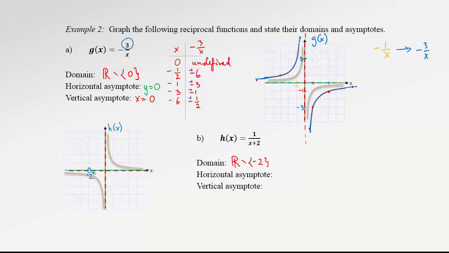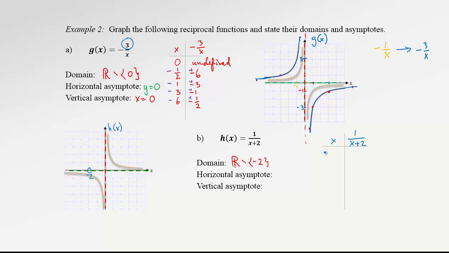Let's recall the basic reciprocal function looks like this. Okay, let's take some values for the input x and find out the output 1 over x plus 2. We already know we can't take the value -2, right? So let's take some higher numbers than -2 and then some lower numbers than -2.